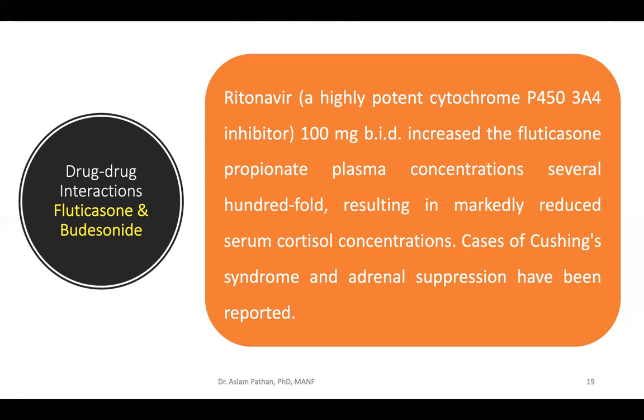Ritonavir 100 milligram twice a day increases the fluticasone propionate plasma concentration several hundred-fold, resulting in marked reduced serum cortisol concentrations, which results in Cushing syndrome and adrenal suppression.